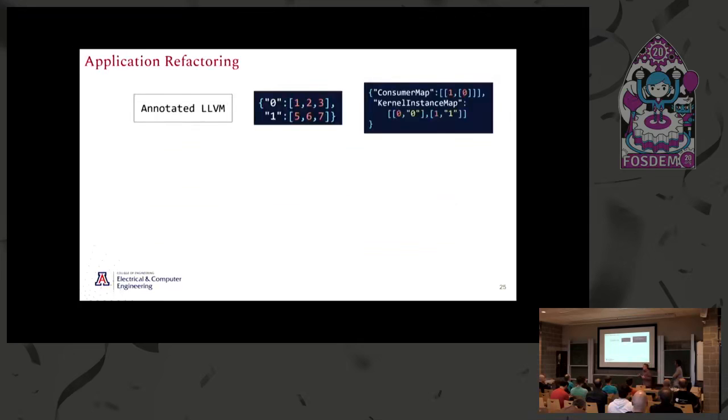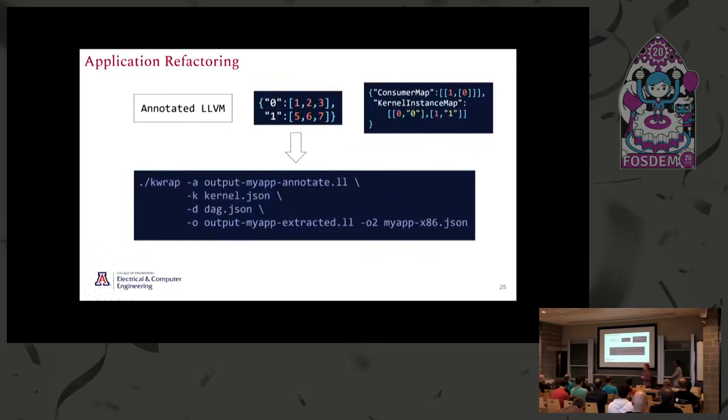And so together with all of this information, we're able to take the original LLVM IR that's been unchanged from the user, and we can use this to refactor the application to essentially outline each of the sections that need to be outlined and create a DAG-based application.